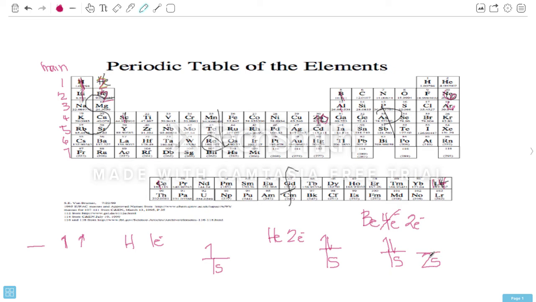The S sublevel can hold 2 electrons. With those 2 electrons, we're going to have a positive 1/2 spin and a negative 1/2 spin. So we've now drawn the electrons for beryllium, and beryllium has 4 electrons. 1, 2, 3, then 4.